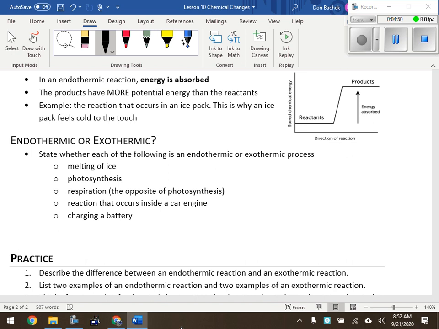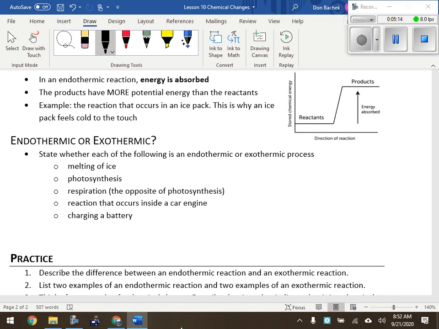I would say most people would say that their argument is, well, gasoline, for example, that'd be like energy in kind of thing. But this is the reaction that occurs inside a car engine, so I'd say exothermic in this case, okay? Because basically that heat is being transferred into motion, right? So heat is a byproduct. That's why we have radiators and stuff like that.